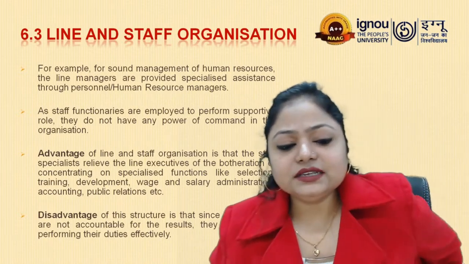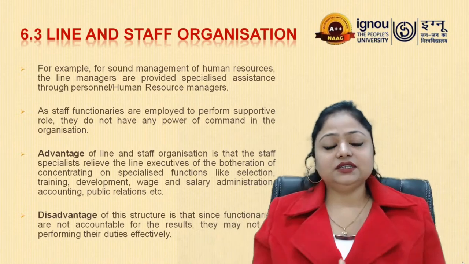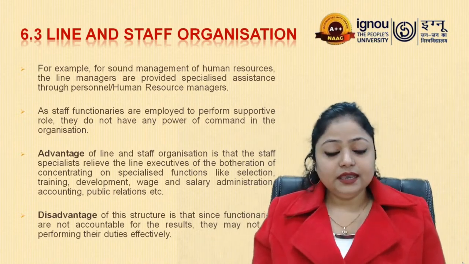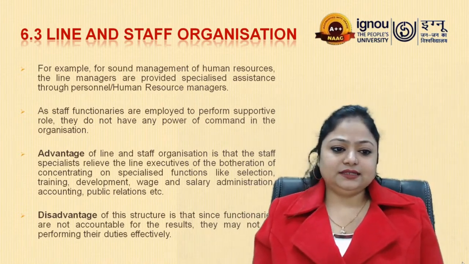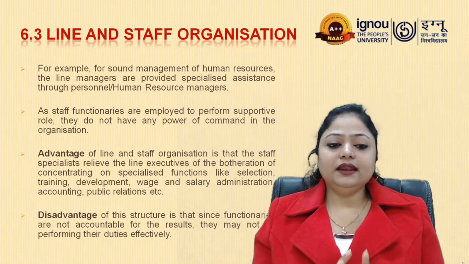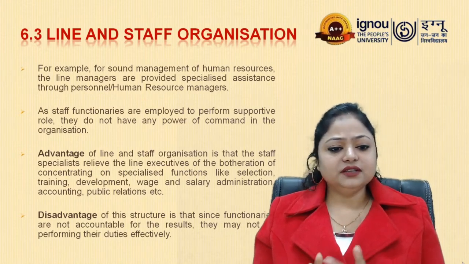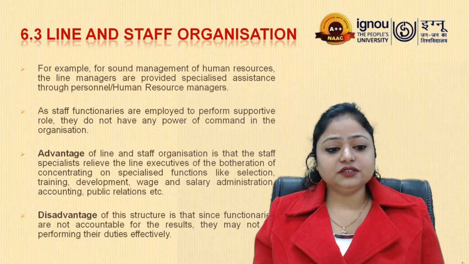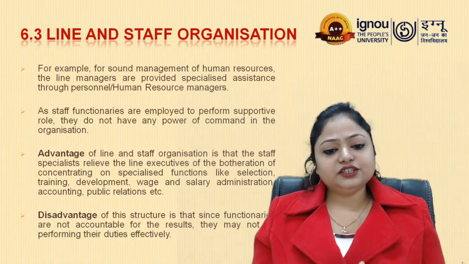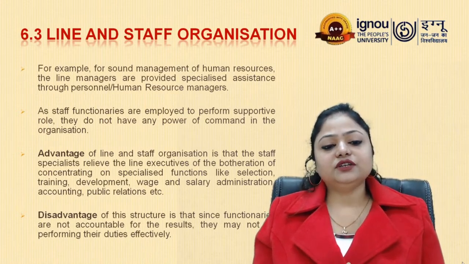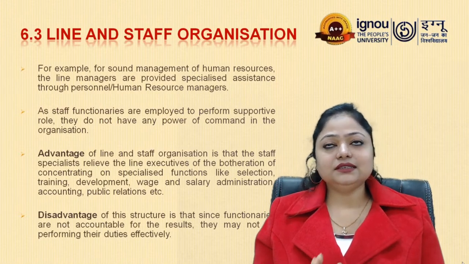So, what advantage does this line and staff organization structure pose? The staff specialists relieve the line executives of the botheration of specialized functions like selection, training, wages and salary administration, accounting and public relations.